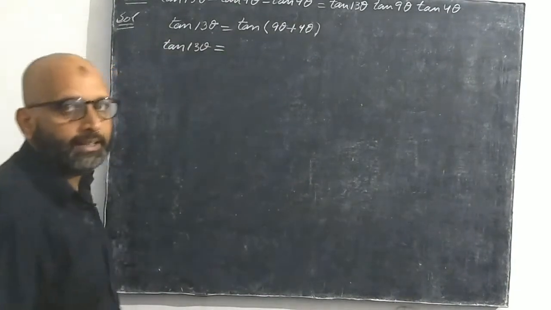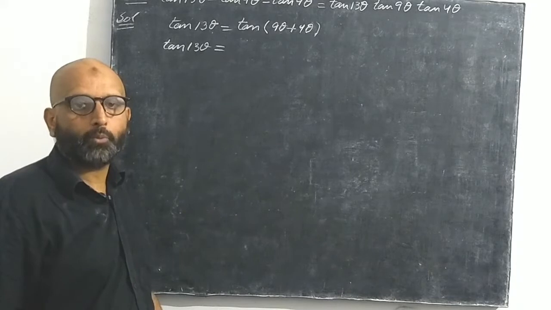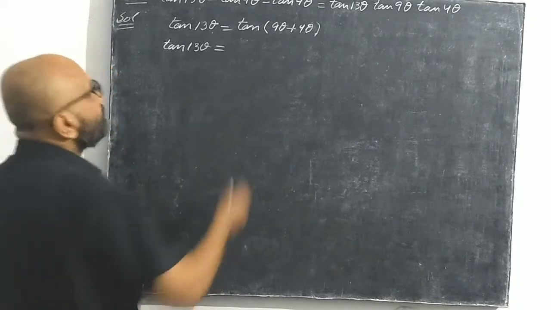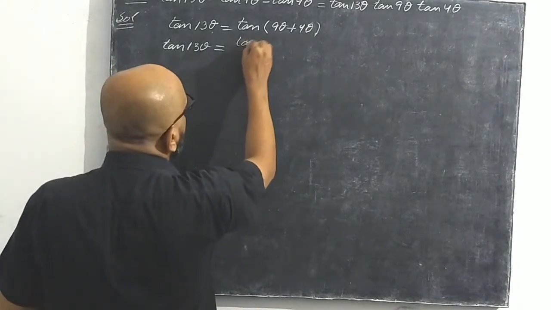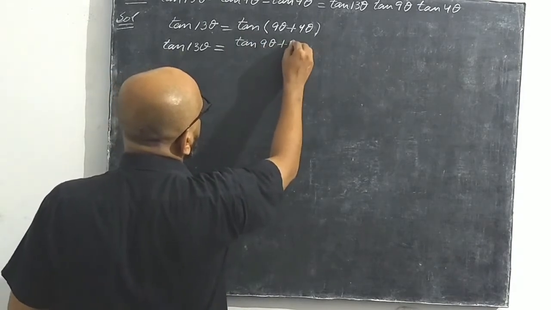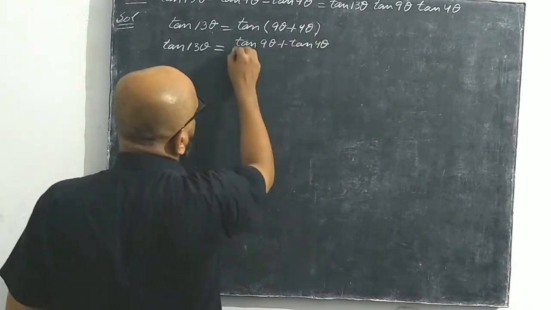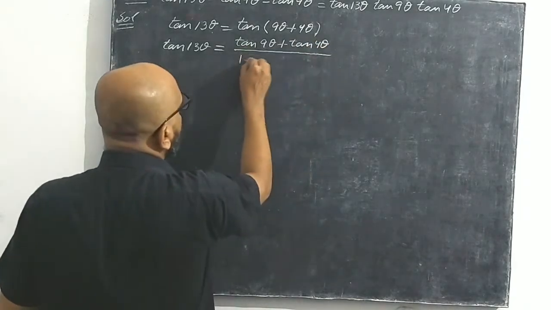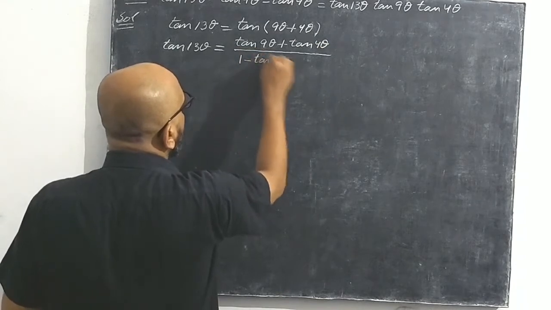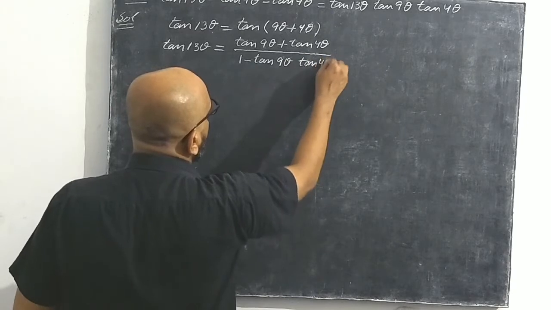As you know, tan A plus B is equal to tan A plus tan B upon 1 minus tan A tan B. So we may write it as tan 9 theta plus tan 4 theta upon 1 minus tan 9 theta into tan 4 theta.